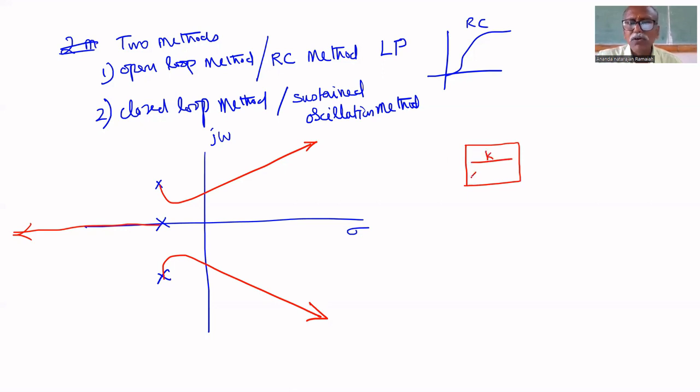This is third order, you know. A S cube plus B S square plus C S plus D. Third order transfer function. I am taking this.